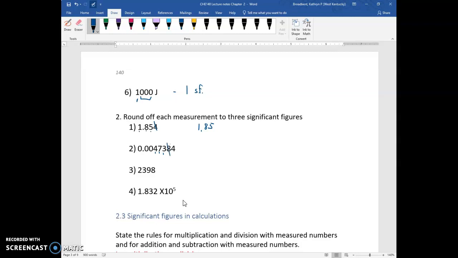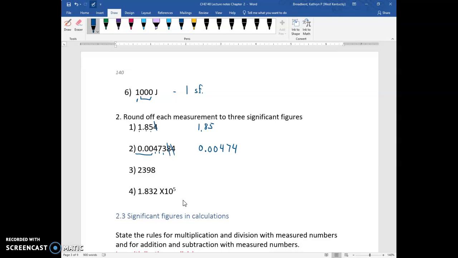So we're going to lose the 8 and the 4, so we'll get 0.00474. It's important to note here that we keep these zeros in the front because they give us place value. We don't want to change our 0.004 into 474 because that wouldn't be equivalent.